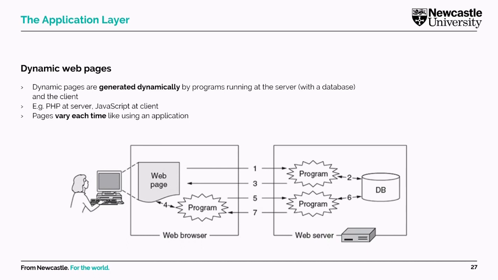So you need to generate that dynamically. You can't have that pre-generated for every single user on the internet. So the program will generally need to speak with the database in order to retrieve information for that specific user or for that specific zone.